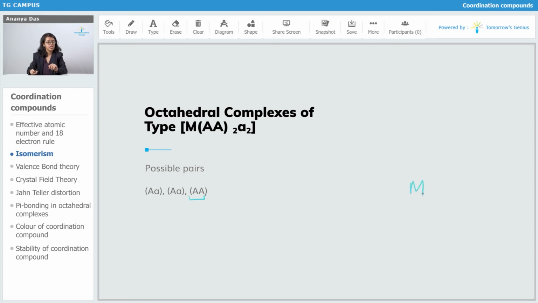So A is trans to A. Okay, you will see how it will work out. Then A is trans to small a, then A is trans to small a. See, angles are still maintained. So again here AA, the trans pair is getting repeated, so we have an optically inactive pair.